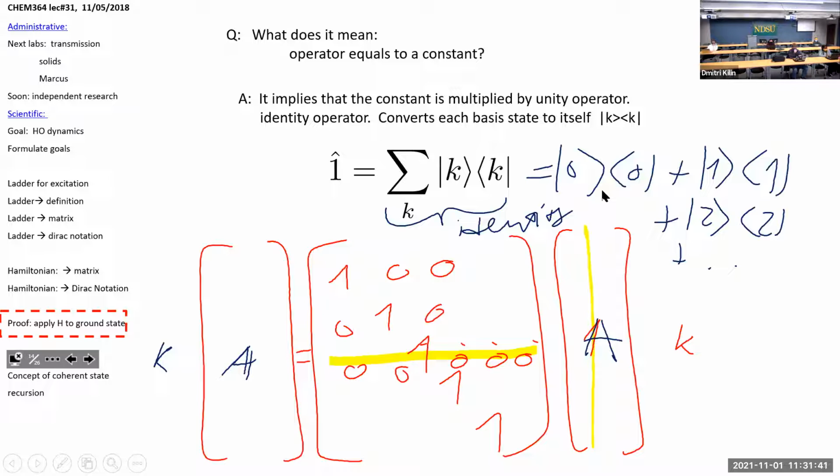Okay. This slide doesn't bring us to the answer. It is a sort of self-evident expression, but I'd like to go over it once again and check if everyone is happy about it.